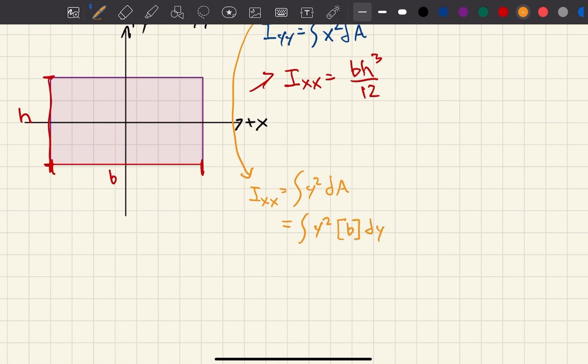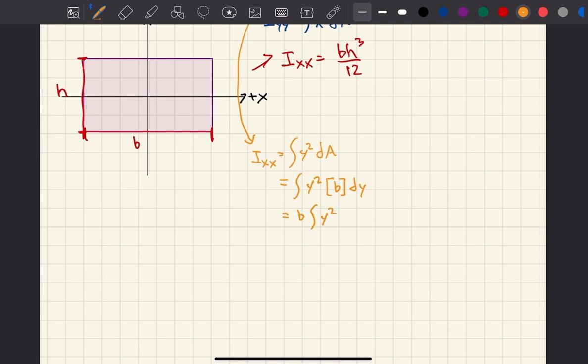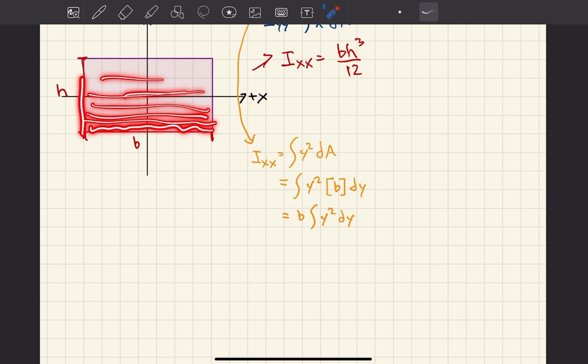I'm going to take b out of the integral because it doesn't matter. What are my bounds of integration? I'm integrating dy from negative h over 2 to positive h over 2. I'm taking all these infinitesimal slices, or heights, from here all the way to here, negative h over 2 and h over 2.